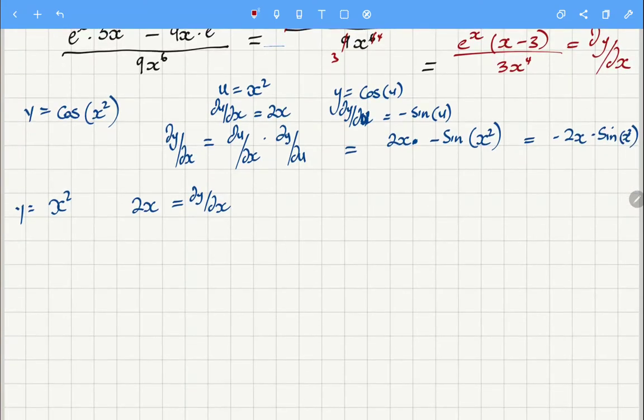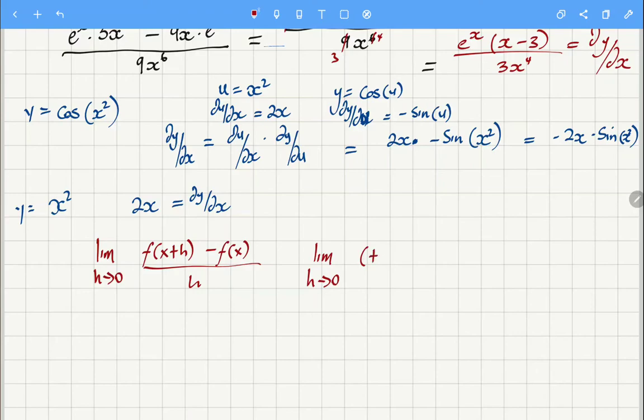Okay, but then I can also use, like I was saying, the first principles. So that will be the limit as h approaches 0 of f of x plus h minus f of x, over h.